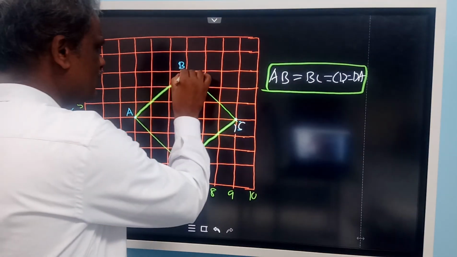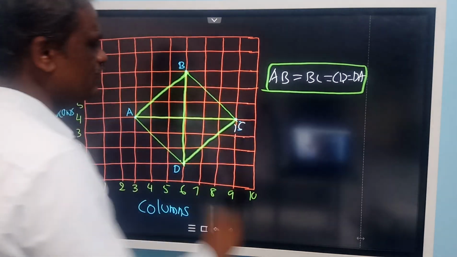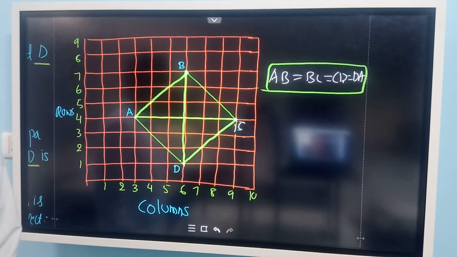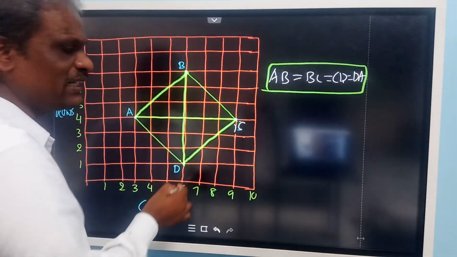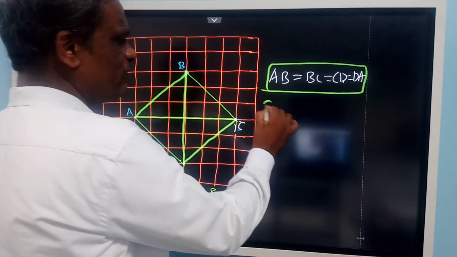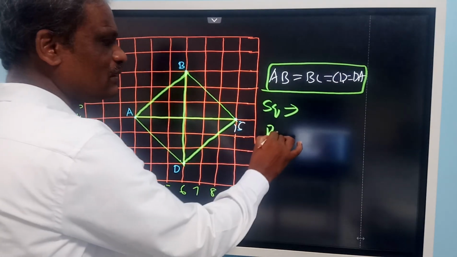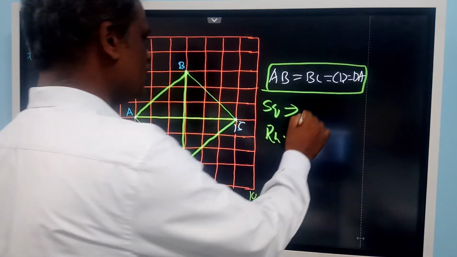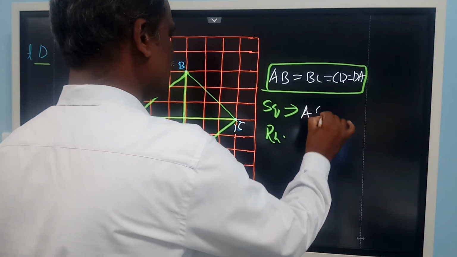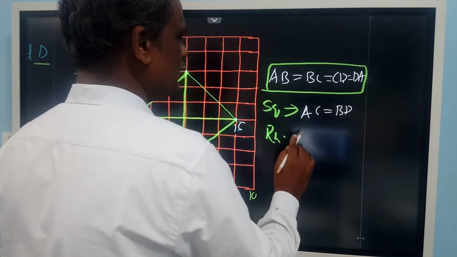Then you have to show that diagonals also are equal. So what is differentiating the rhombus and square? It is only diagonals. In a square, diagonals are equal. In a rhombus, diagonals are not equal. So very important thing, you have to show that AC and BD are equal here.